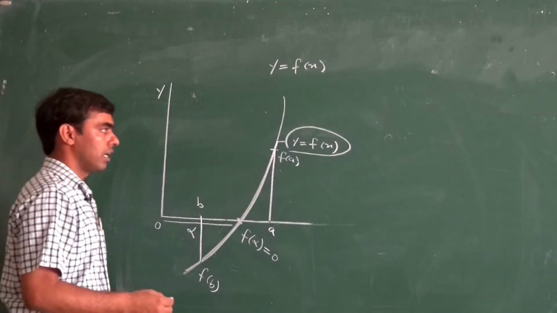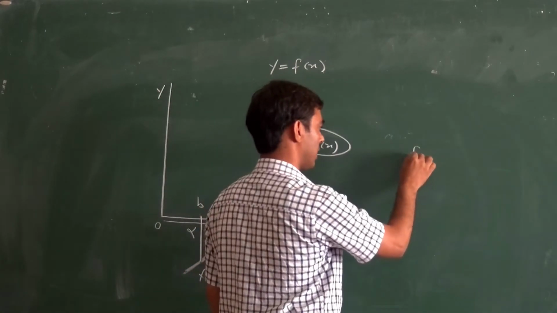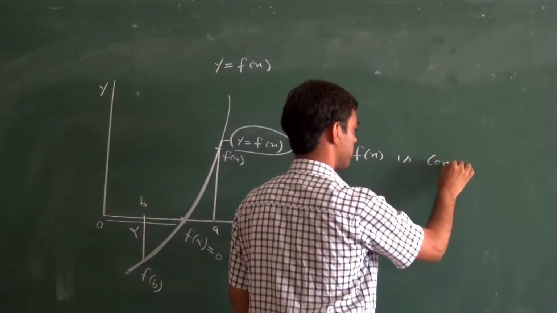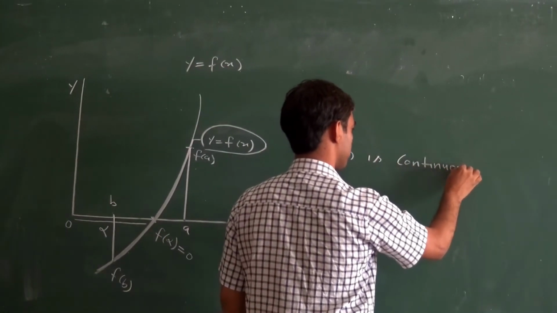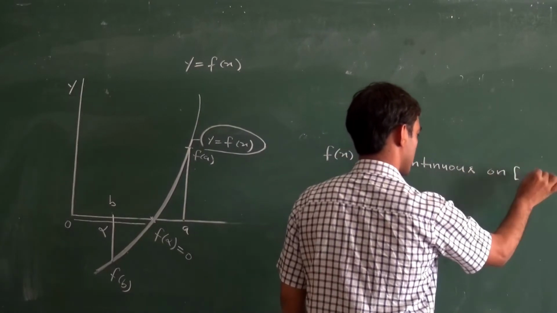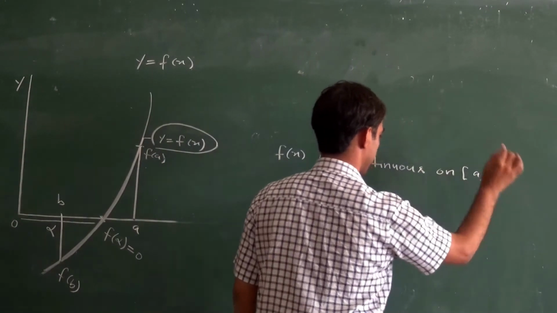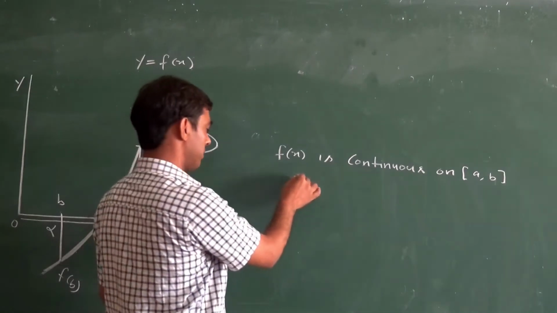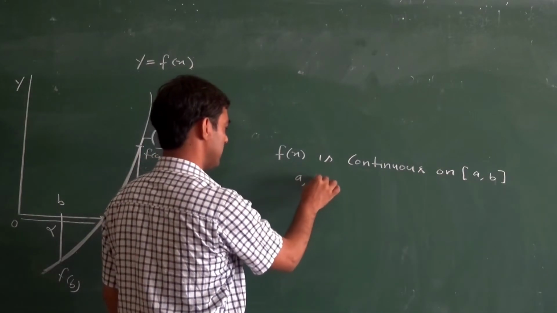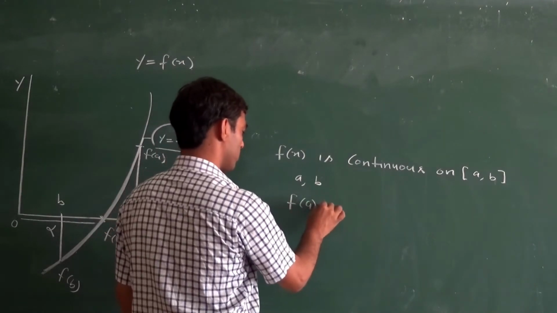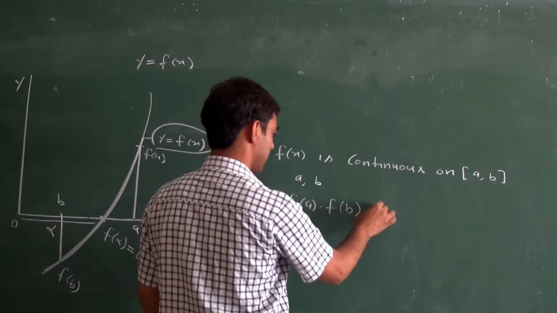So, if function f(x) is continuous on closed interval [A, B], and if there are 2 points A and B, and f of A into f of B is less than 0.